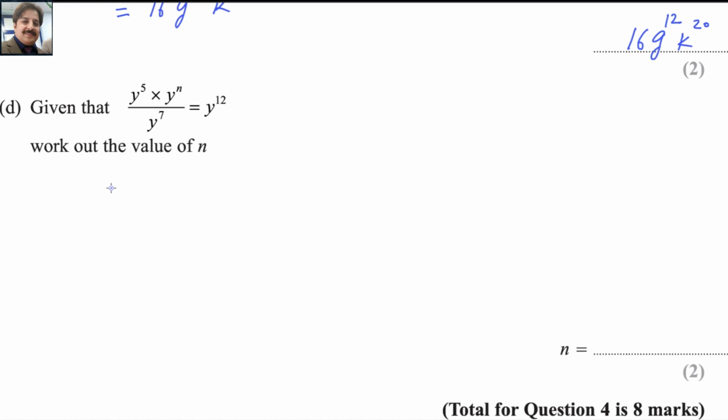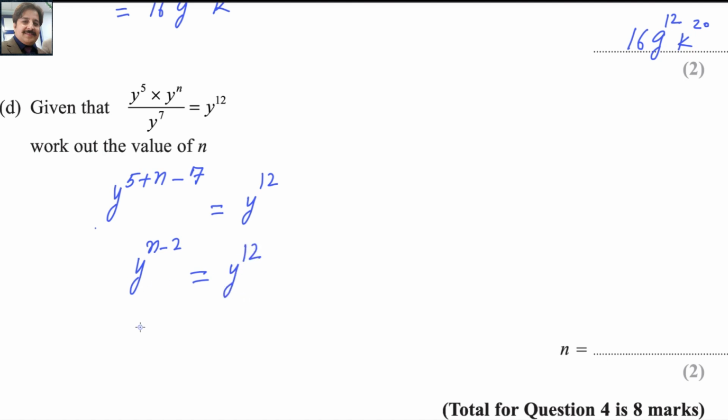So we can write here y power 5 plus n, minus 7, because this is dividing, so power will be subtracted. They are multiplying, so power will be added. 5 plus n minus 7 equals y power 12. You can solve 5 and minus 7. It gives you y power n minus 2 equals y power 12.